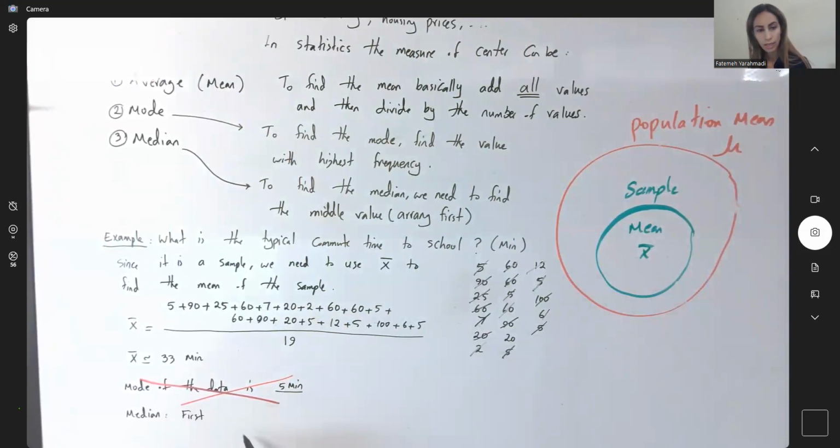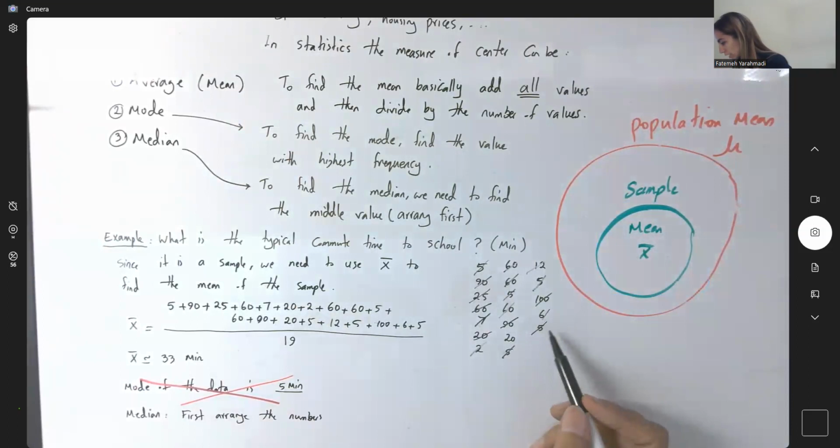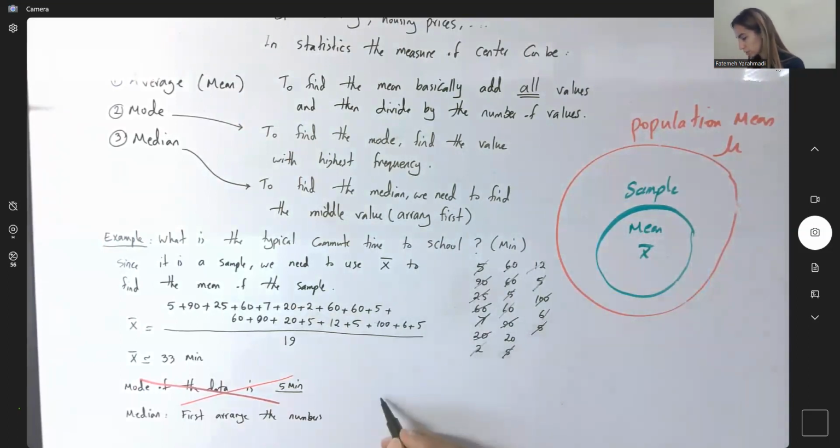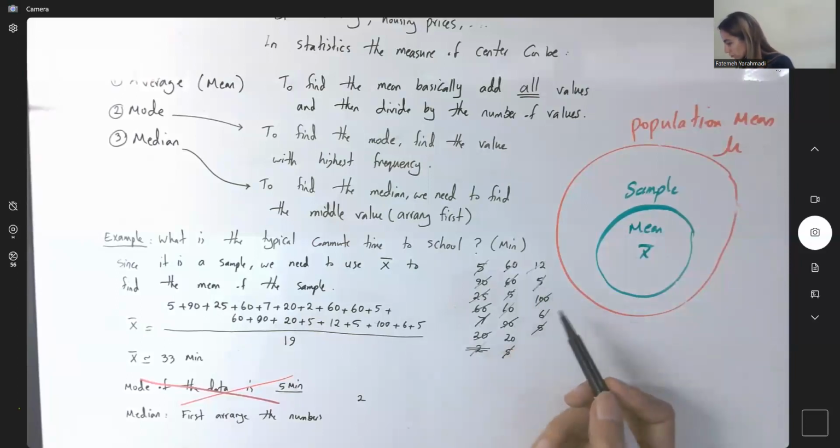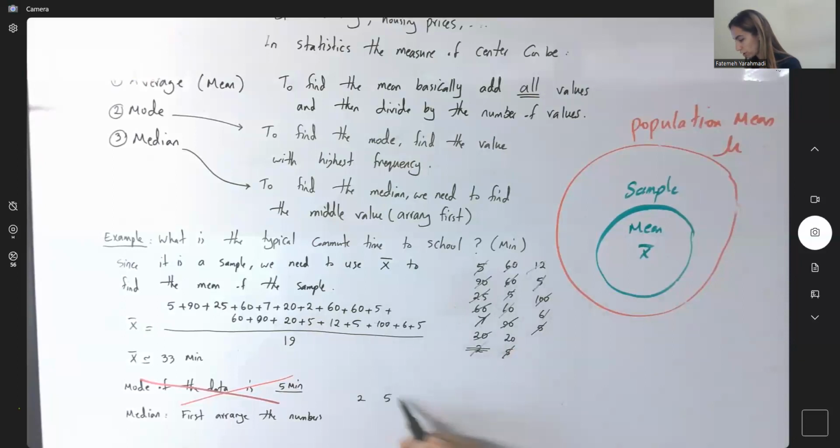First, arrange the numbers. So the smallest value that we have is 2 minutes, all right? So you have 2, you're going to cross it this way, and then you have 5, which was repeated 5 times. 5 and 5 and 5 and 5 and 5. 1, 2, 3, 4, 5.